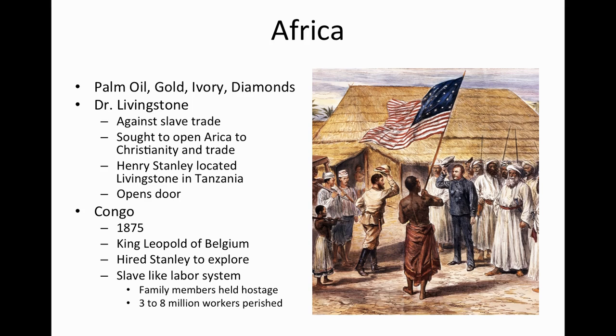What was in Africa that was necessary? Oils, gold, ivory, diamonds, lots of gems and minerals that were attractive to Europeans. One of the more historical contacts in history would be this Dr. Livingstone. So he was a missionary who was against the slave trade, but he did believe that Africa could benefit from Europe, especially from a religious and economic standpoint.